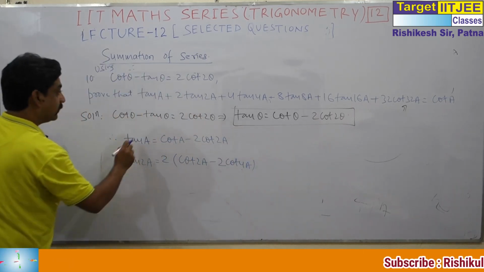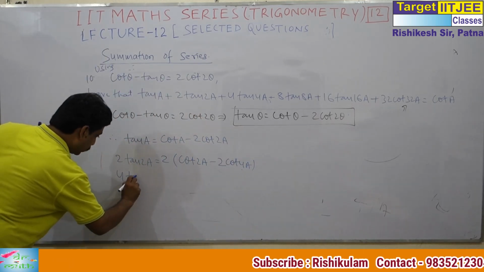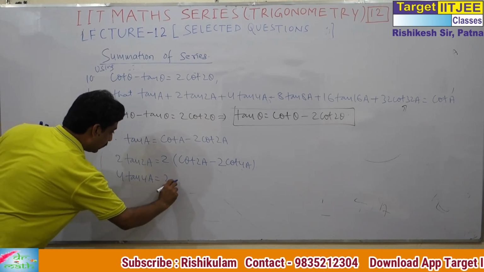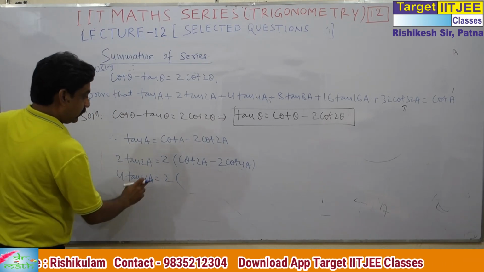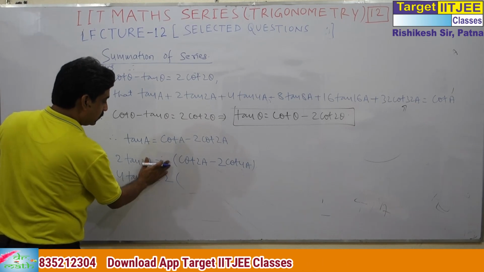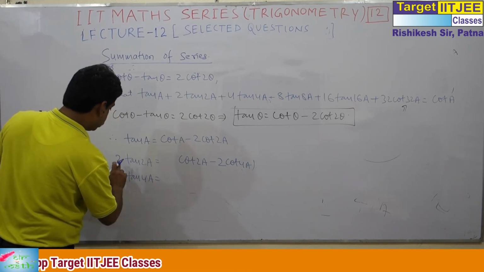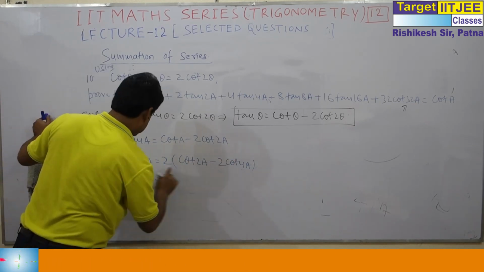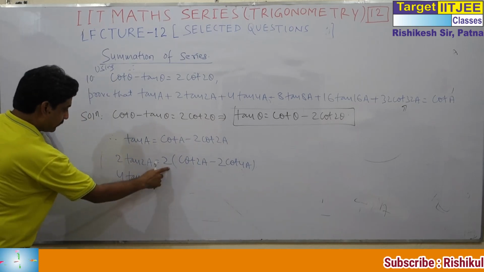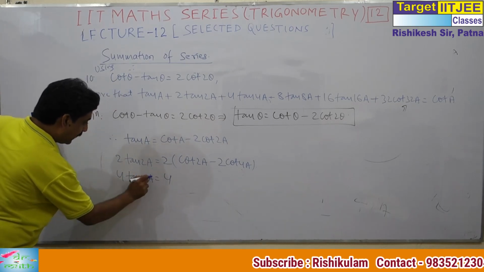Now come to the next one. 4 tan 4A. This 4 is here, and tan 4A.